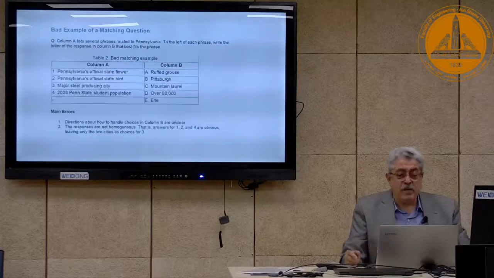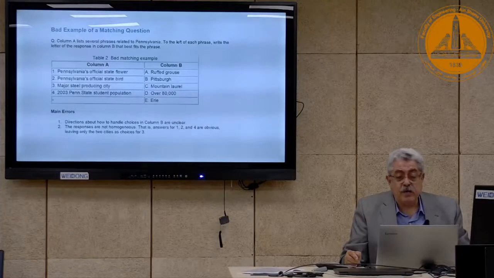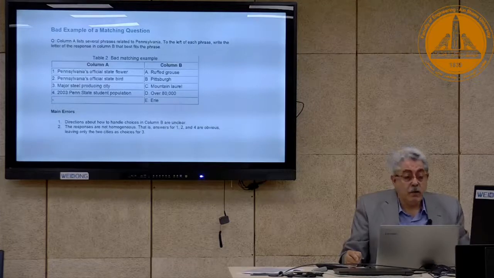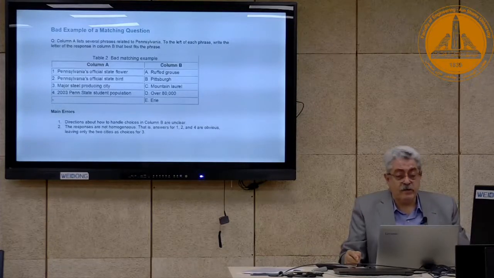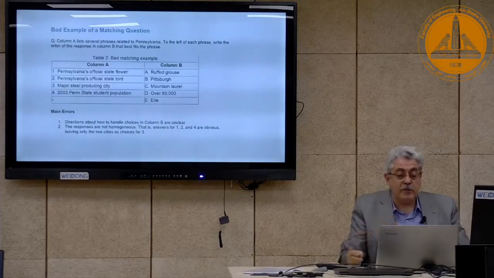This is a bad example of a matching question. Column A lists several phrases related to Pennsylvania. To the left of each phrase, write the letter of the response in column B that best fits the phrase. I will read this example again because it is important.